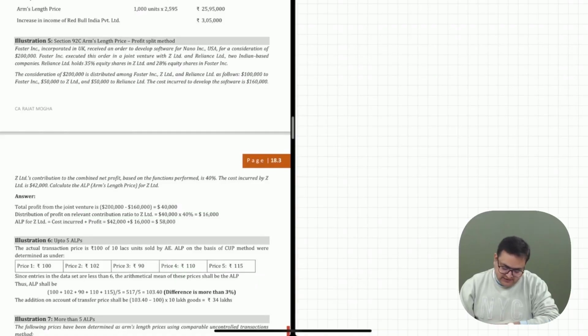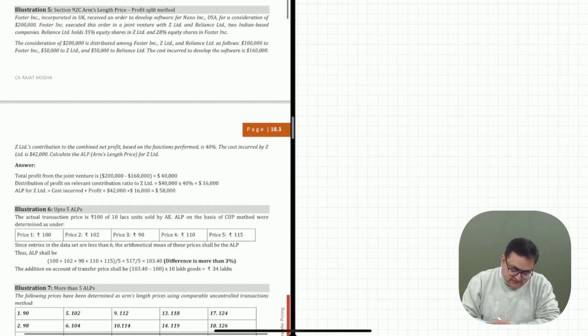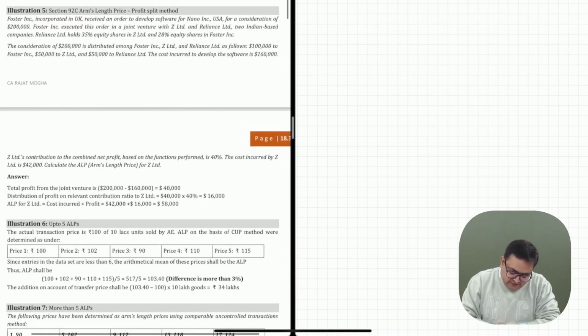Okay, let's see. Illustration number 5. It says Foster Incorporation, incorporated in UK, has received an order to develop a software for Nano Incorporation USA for a consideration of $2 lakh.